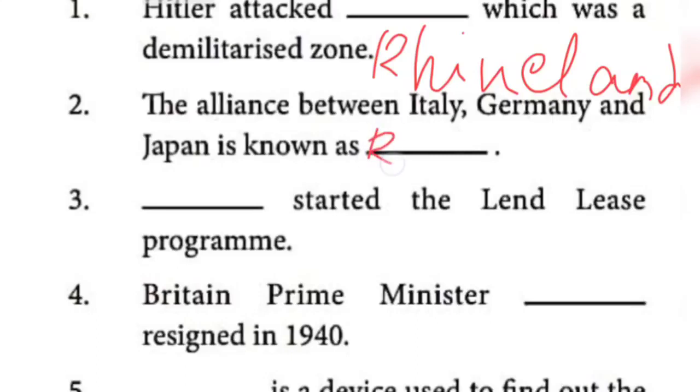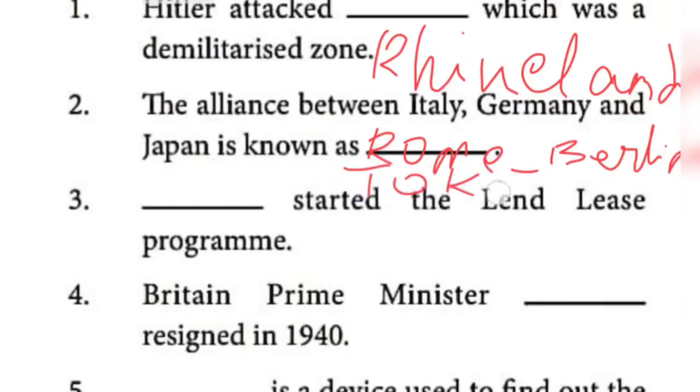Second one, Rome, R-O-M-E, hyphen Berlin, B-E-R-L-I-N, hyphen Tokyo, T-O-K-Y-O. Axis spelling, A-X-I-S. Okay, Rome-Berlin-Tokyo Axis.